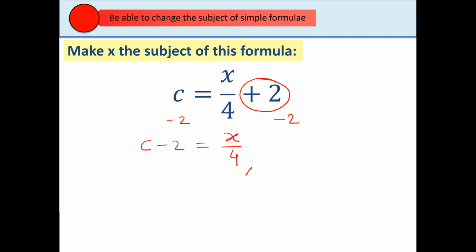So times by 4 this side, times by 4 this side. If you times the left side, that will give us 4c minus 8. And 4 and 4 cancel out, leaving just x. So x is equal to 4c minus 8. You can swap the sides as well if you want. x is equal to 4c minus 8.